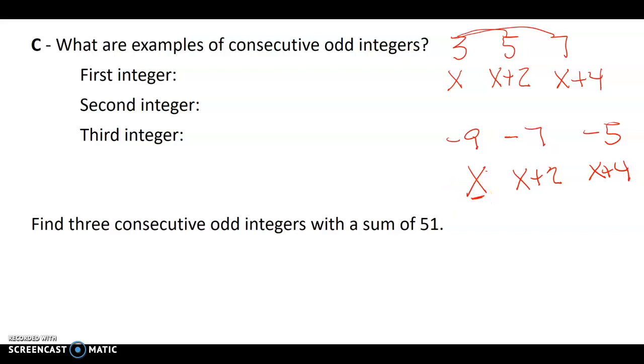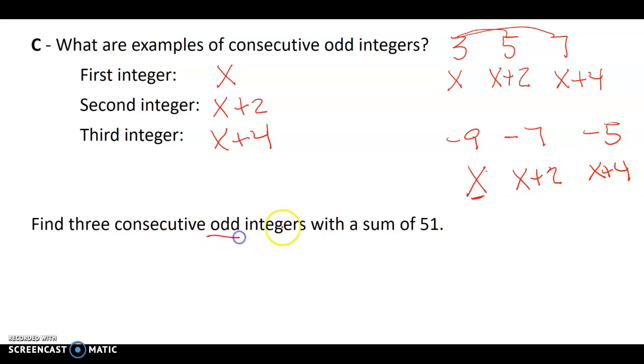So that's where students tend to get a little thrown off. They don't realize that the pattern for consecutive evens is the same as consecutive odds, but that's because every other number is even or odd. So my pattern will be the same, x, x plus 2, and x plus 4. And I would continue to add x plus 6, x plus 8 if I were adding more to my sequence.